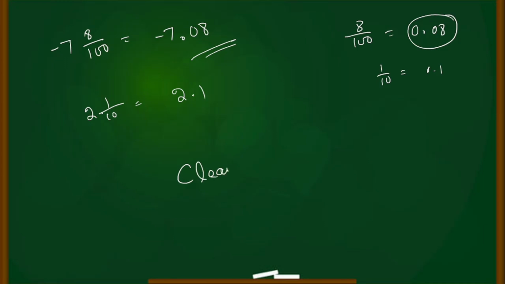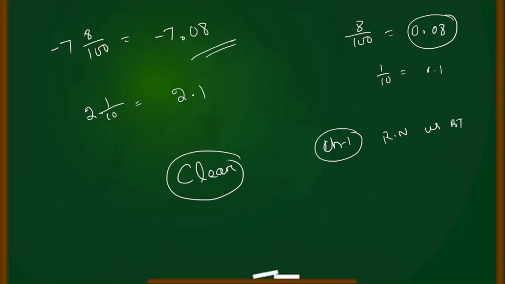In next class, first we solve the first chapter, that is rational number, all the worksheet and the brain teaser. Then chapter 3, that is the rational number as the decimal, same worksheet and the brain teaser.